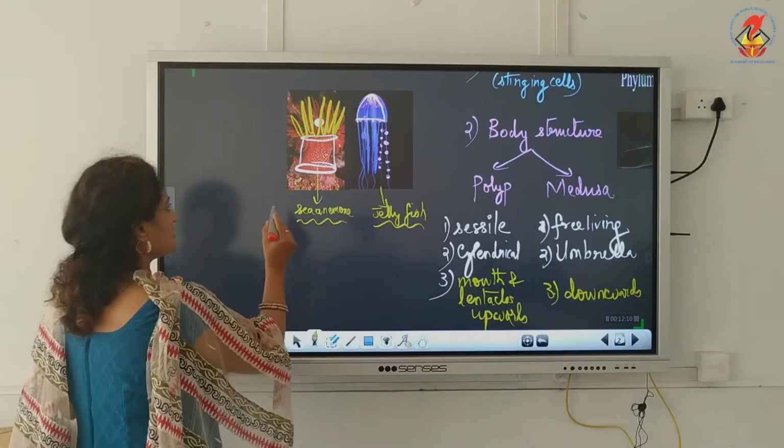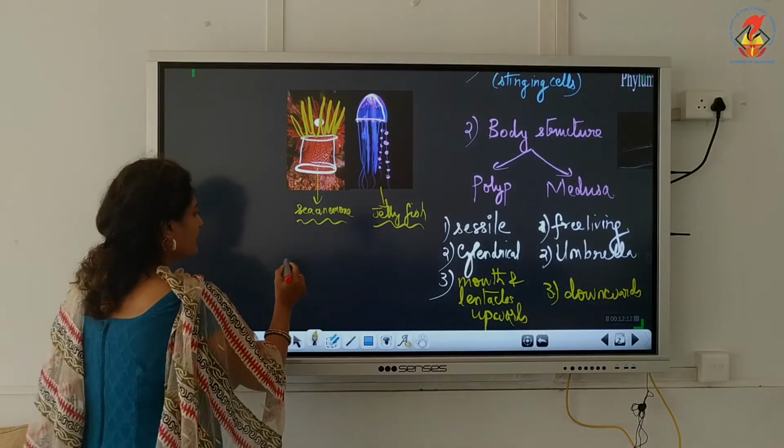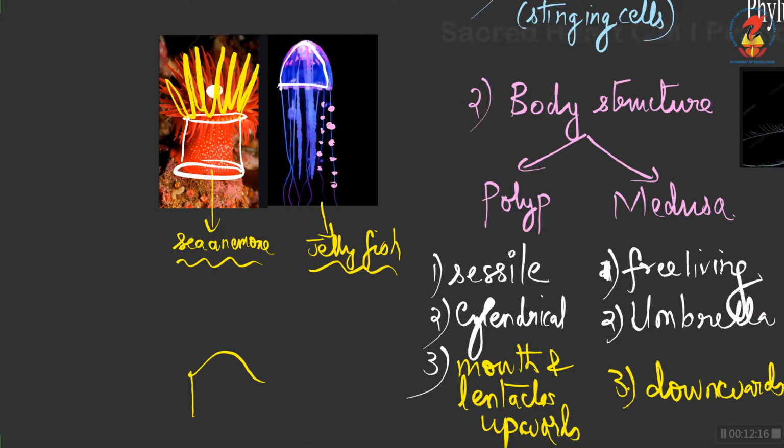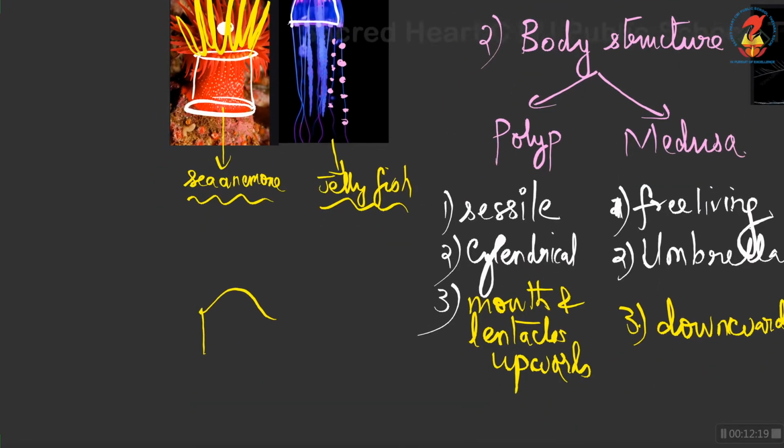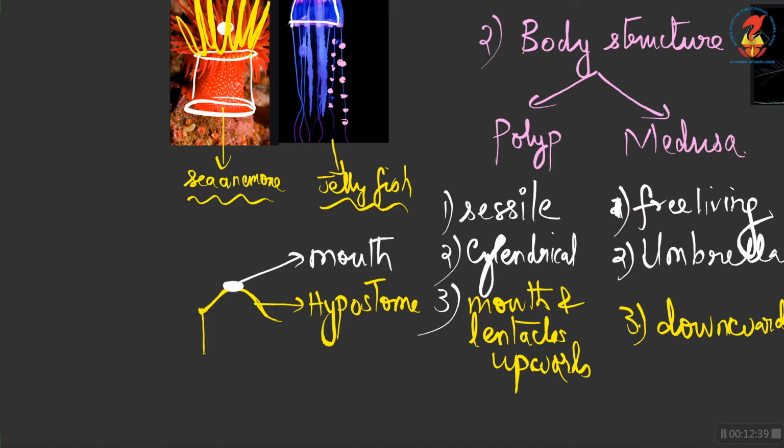Now the mouth is not directly opening out, it is opening through an elevation called the hypostome. This is an elevation, this is called hypostome, and at the tip of that elevation is the mouth. And this hypostome opens into a body cavity, and this body cavity is called the gastrovascular cavity.